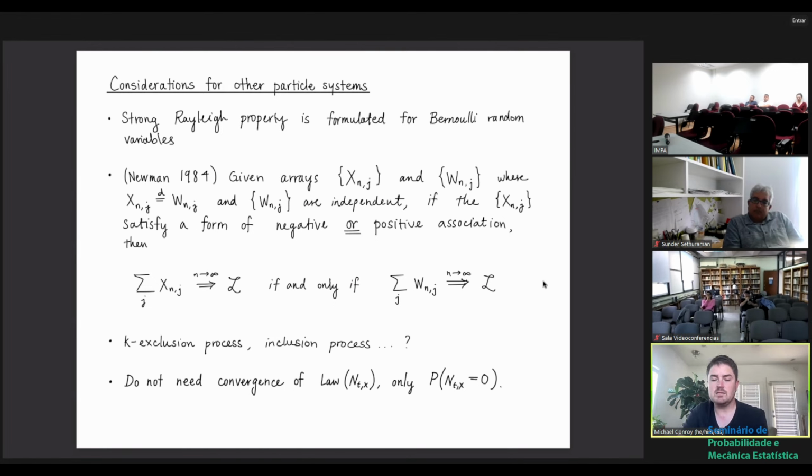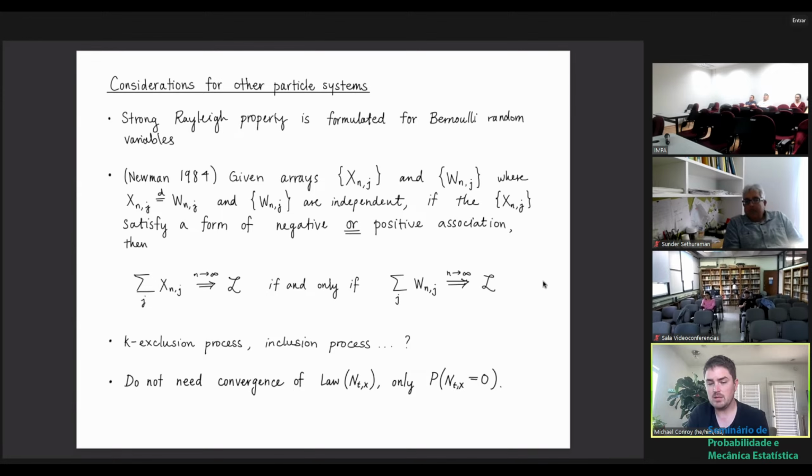So this opens the possibility to results like this in, say, K exclusion, which we've started to think about, and also systems where you have the opposite of negative association. You have something like an inclusion process or something like this. Also, I think I mentioned this before, but if you're just concerned with the leading particle, convergence of the law of this N is much more than you need.